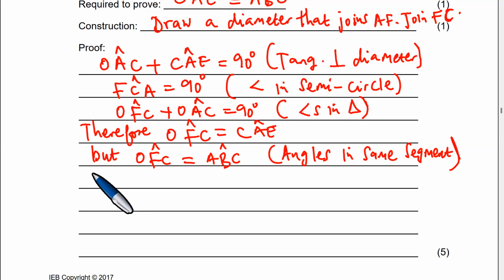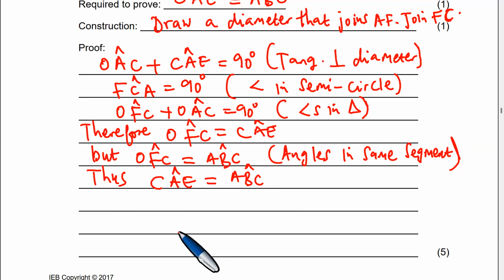Thus we're able to make the observation that OFC is CAE, but OFC is ABC. It means, therefore, that CAE is equal to ABC, because these are both equal to OFC.